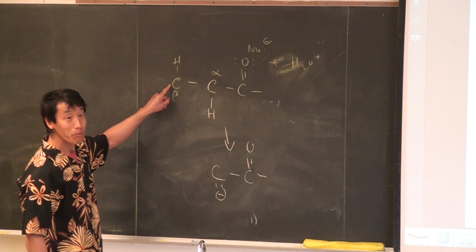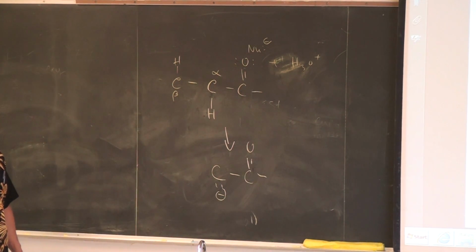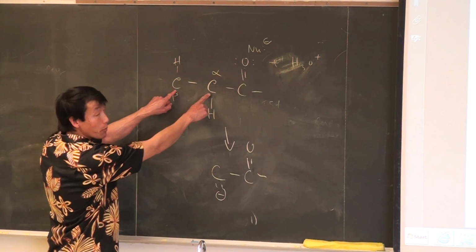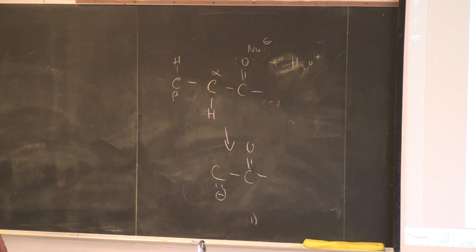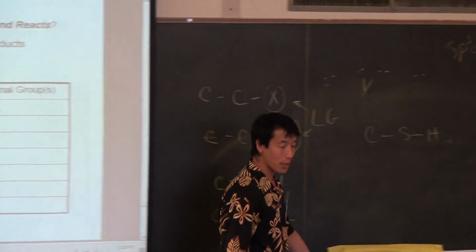No. When we did the alpha, beta unsaturated compounds, we talked about the alpha, beta part. So you have the double bond between the alpha and beta. We'll talk about that.